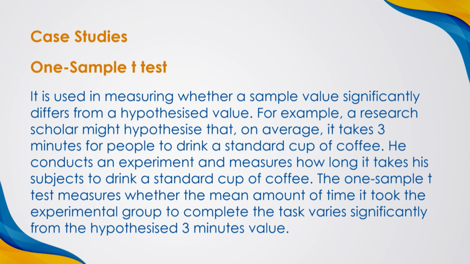He conducts an experiment and measures how long it takes his subjects to drink a standard cup of coffee. The one sample t test measures whether the mean amount of time it took the experimental group to complete the task varies significantly from the hypothesized 3 minutes value.